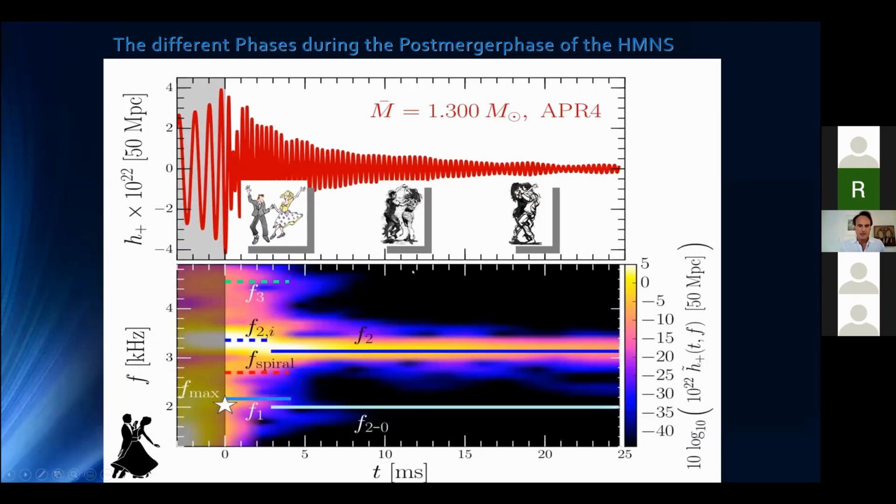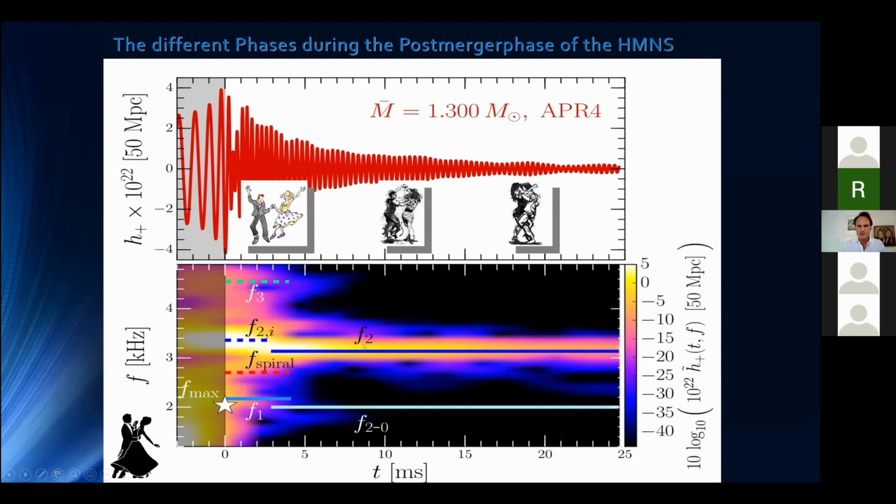We see this more clearly when we look at the power spectral density of the emitted gravitational waves. Within the first roughly 5 milliseconds in this wild post-merger phase, we get several different frequencies here.